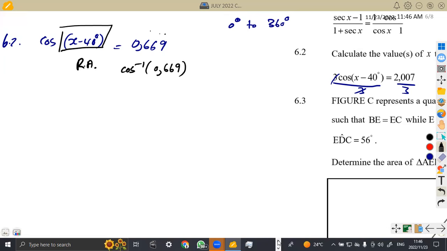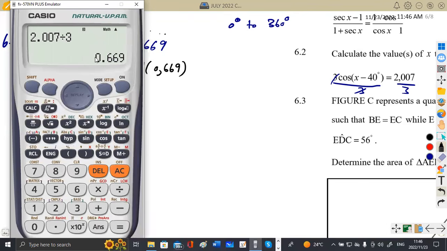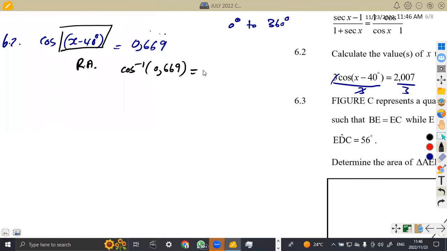Make sure that your calculator is in degrees. So it's shift cos 0.669, which is something like 48.01 degrees. We've got 48.01 degrees as the reference angle.